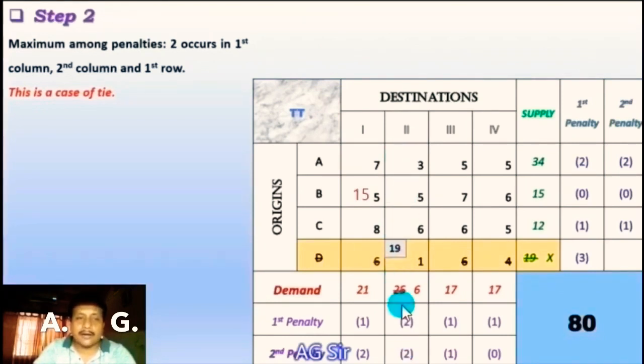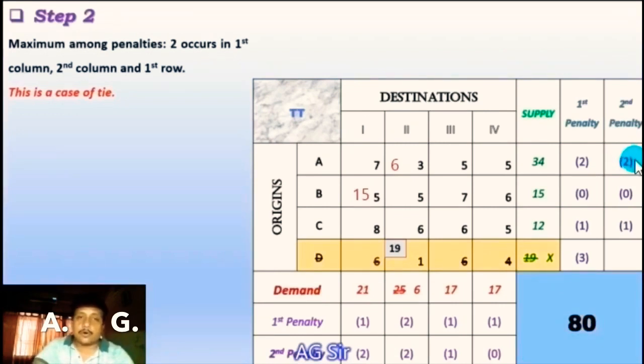Next, what about the second column? In the second column, the least cost cell is 3. At 3, you have supply of 34 units and demands of 6 units. So you can allocate at most 6, because the minimum of 6 and 34 is 6 at this cell. Next, you move towards the first row.